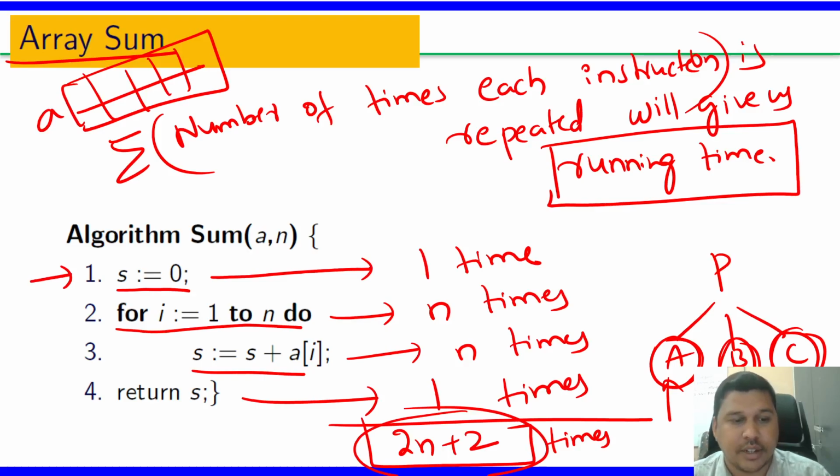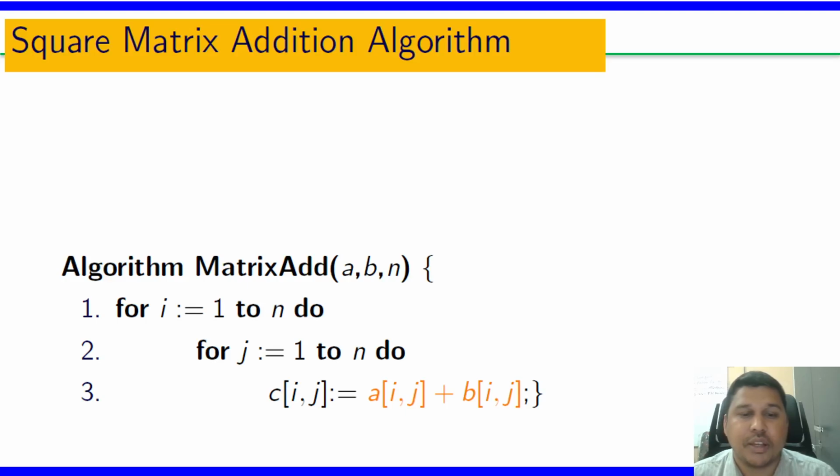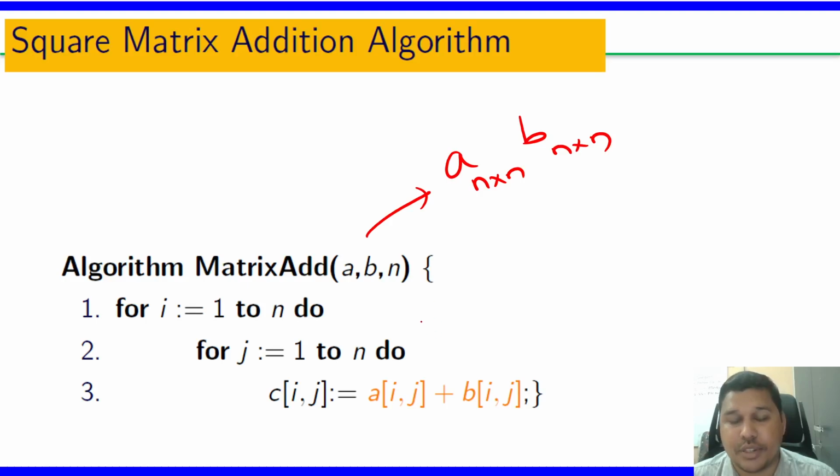Okay, right. We have multiple examples. Let's focus more. For this, you have matrix addition. Your input is two matrices A and B, each of size n cross n. Let's find out the running time of this. How much time will this particular algorithm take for execution in the RAM based computation model?